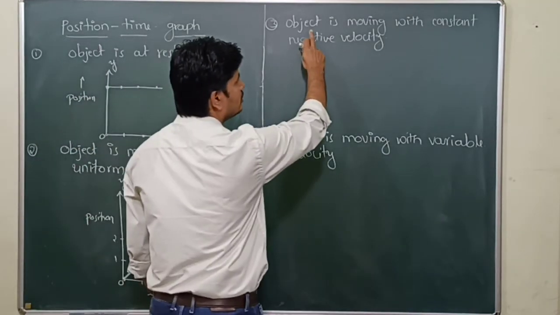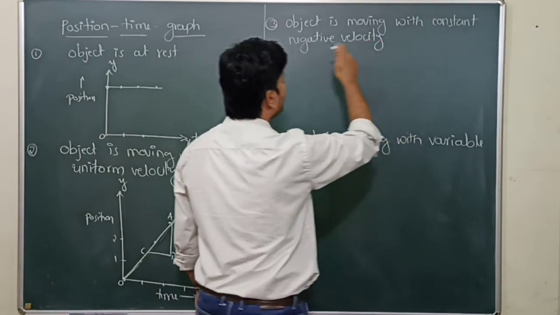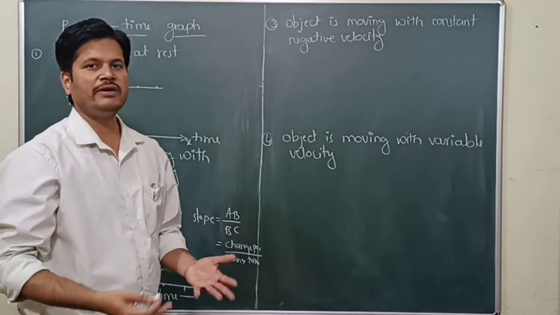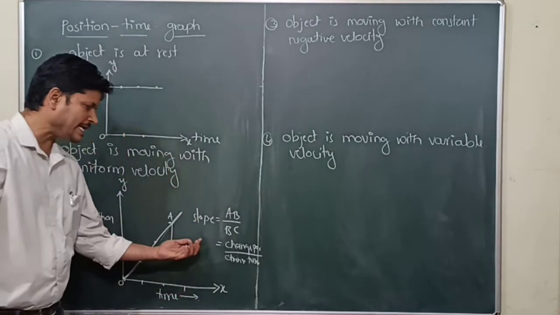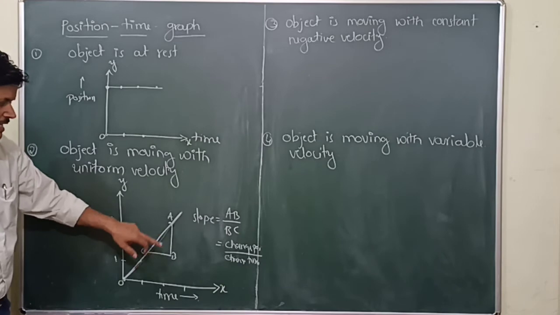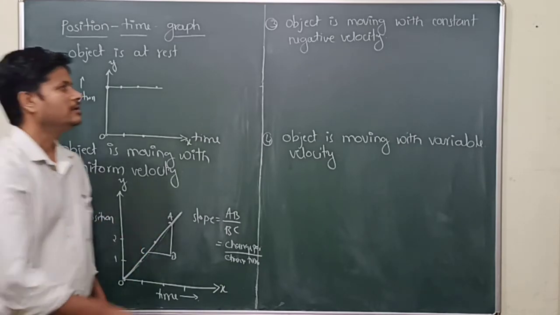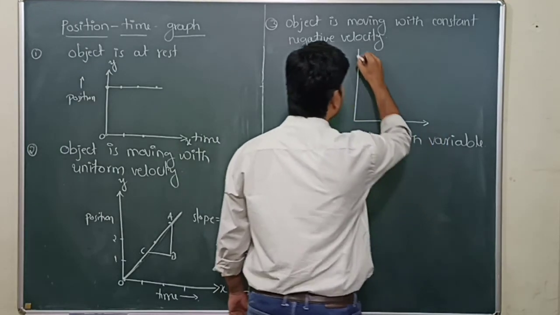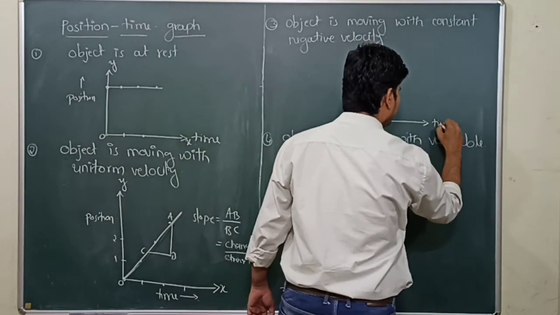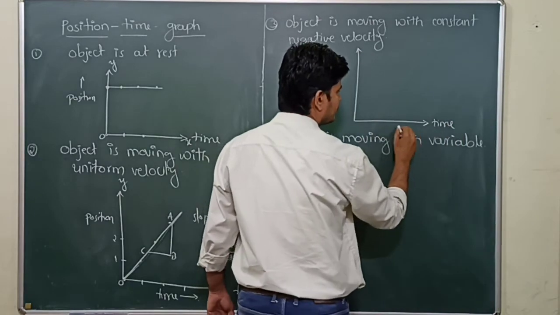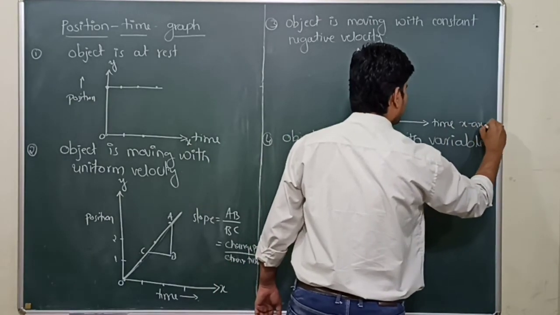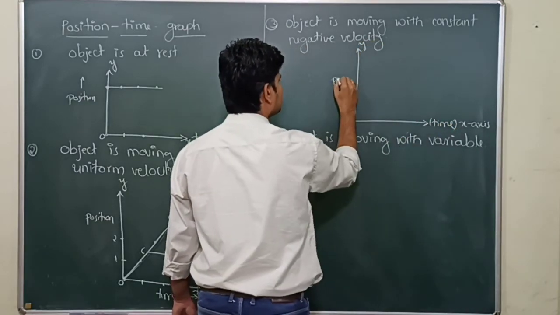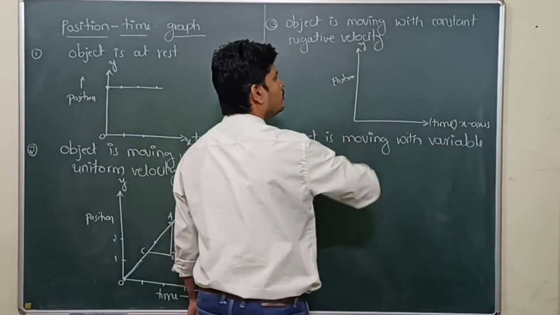Now look at the third one. The object is moving with a constant negative velocity. In the previous graph the velocity is positive because the displacement is positive. But for the negative velocity, along the x-axis is time and along the y-axis is the position.